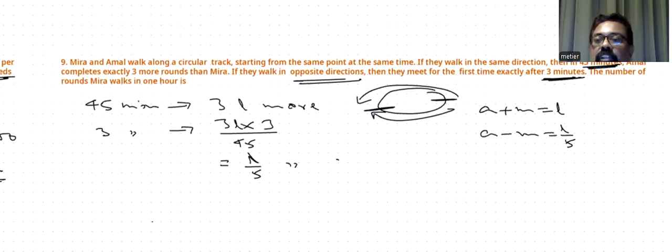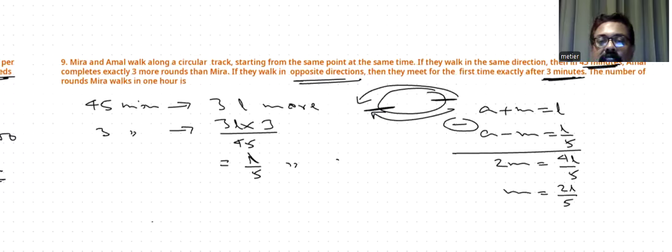After simplification, we need A and we need M. So subtracting, we get 2M equal to 4L by 5, so M is 2L by 5. Means in 3 minutes, Mira covers 2L by 5. The question asked for 1 hour, means 60 minutes.